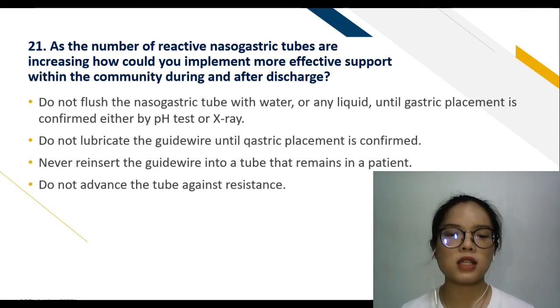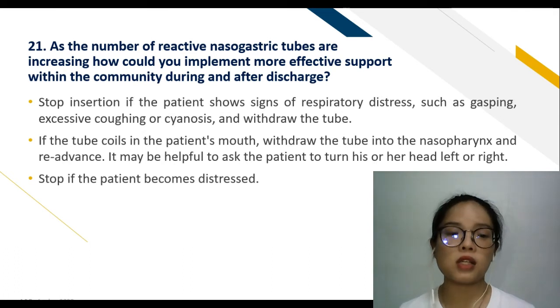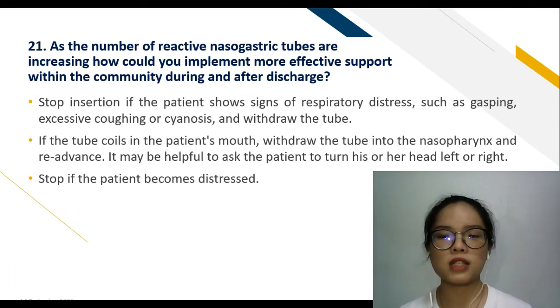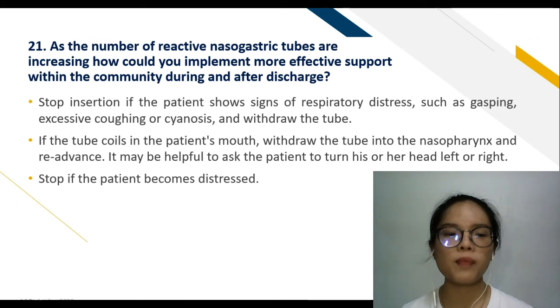Never reinsert the guide wire into a tube that remains in a patient. Do not advance the tube against resistance. Stop insertion if the patient shows respiratory distress such as gasping, excessive coughing, or cyanosis, and withdraw the tube. Stop if the patient becomes distressed.